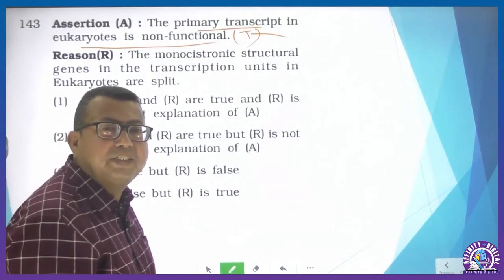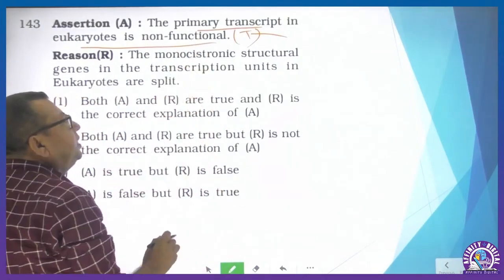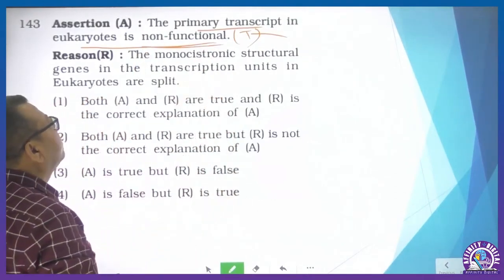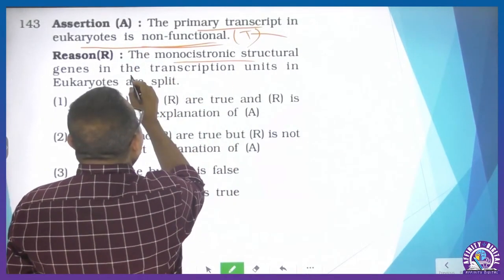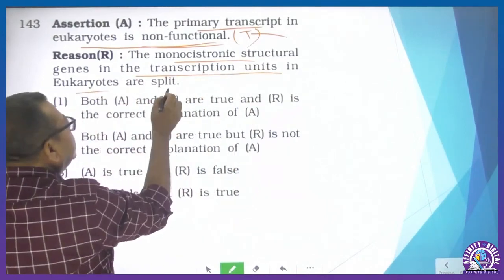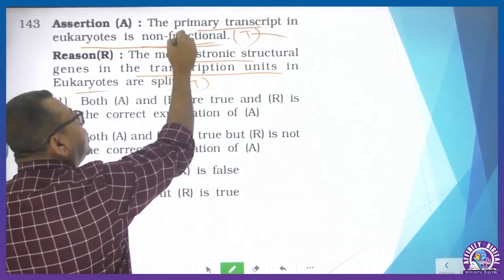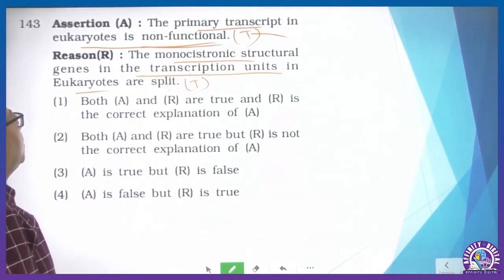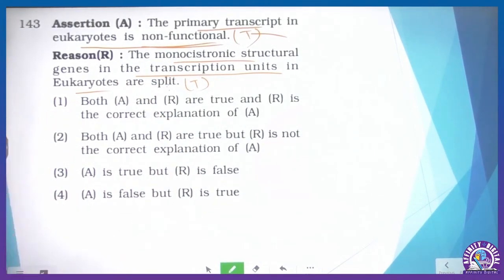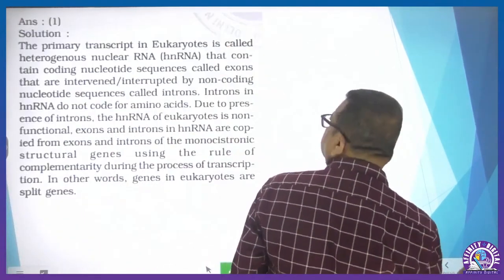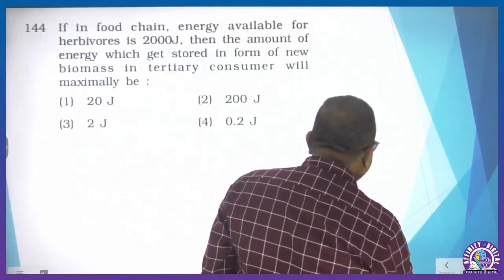So due to the split gene arrangement, the primary transcript hnRNA is non-functional. That is also the reason for the assertion. So both assertion and reason are true, and the reason is the correct explanation for the assertion. So option number 1 will be the answer. Okay? Moving on to the next question.